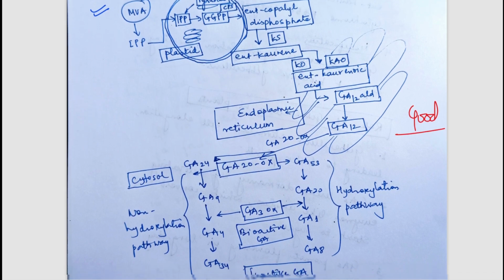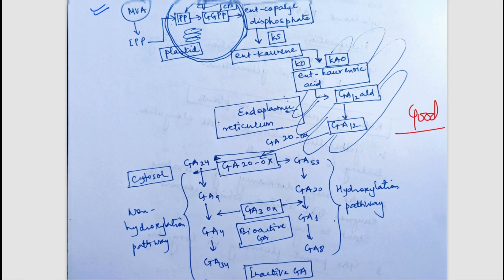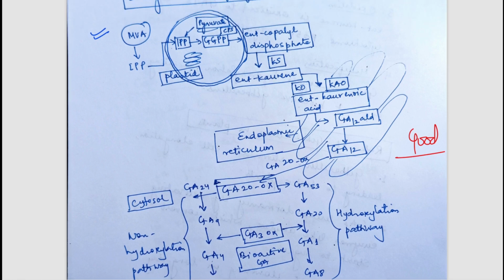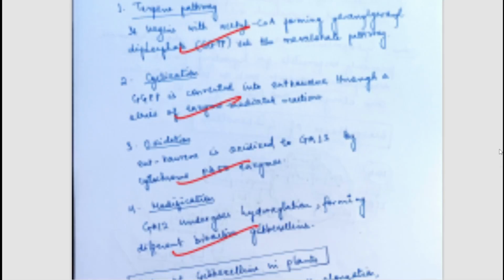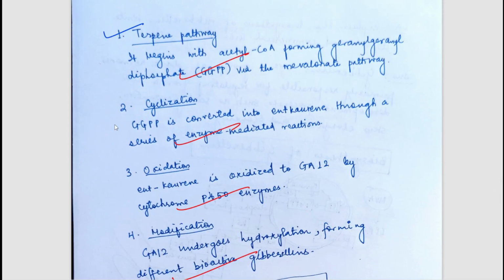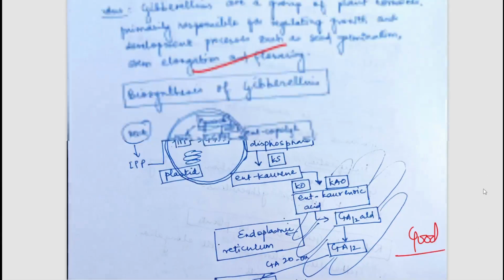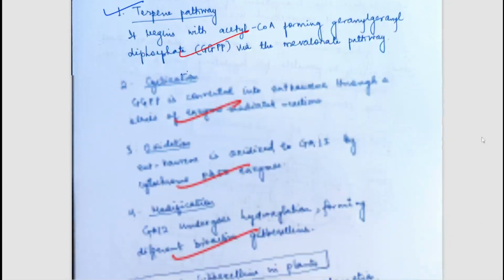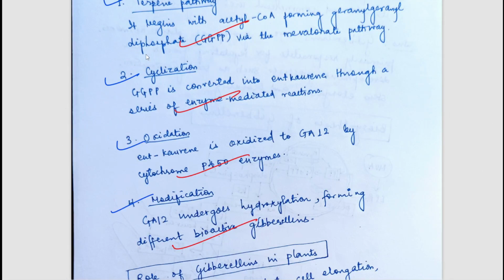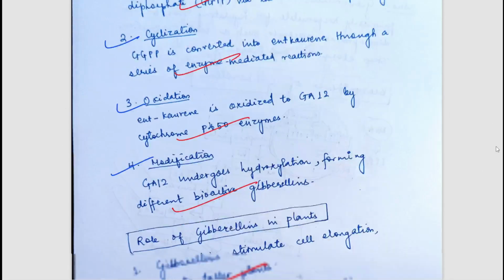So you can also pause here and make these diagrams, or have a quick look at this diagram. Here we see terpene pathway, cyclization is there, oxidation is there, modification is there. And I must say, whenever you make a diagram in your answers like this, try to explain it briefly as the student has done here.